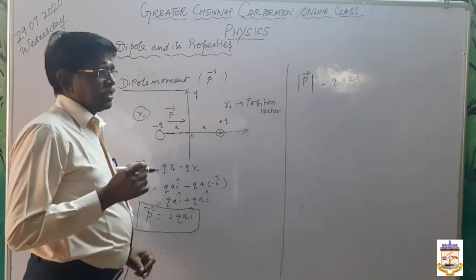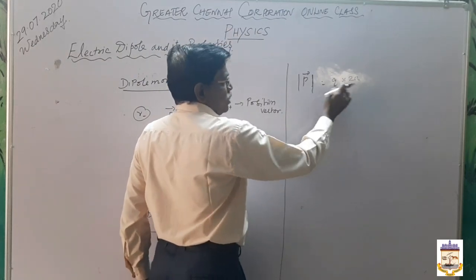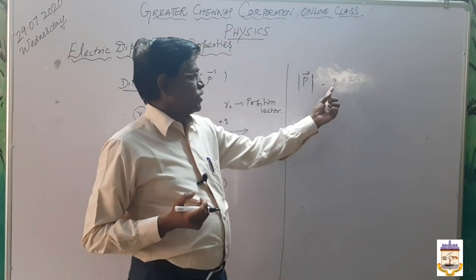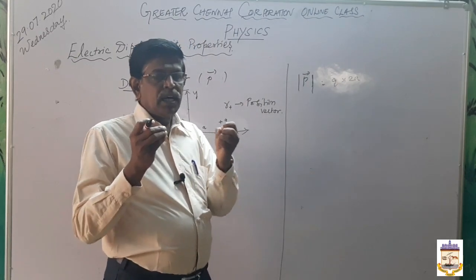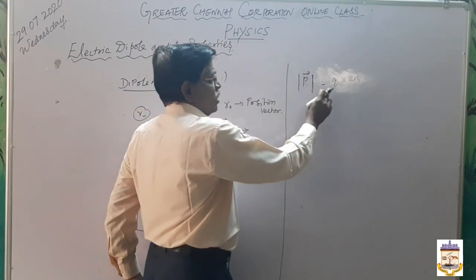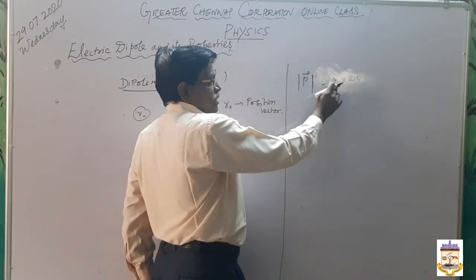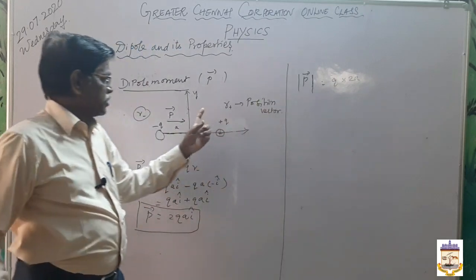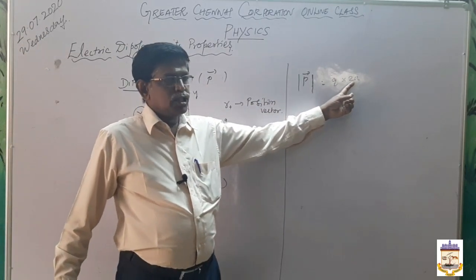Now we can state the definition of the dipole moment. We are multiplying two quantities. What is the first quantity? Charge. What is the second one? The distance between the two charges. So dipole moment is the product of any one of the charges, since the two charges are equal, and the distance between them.